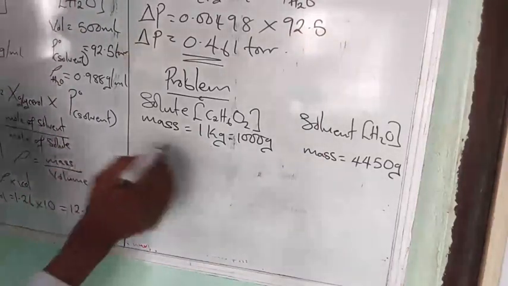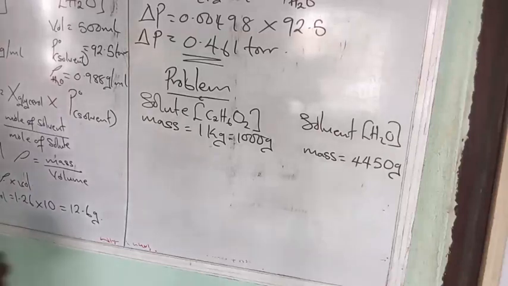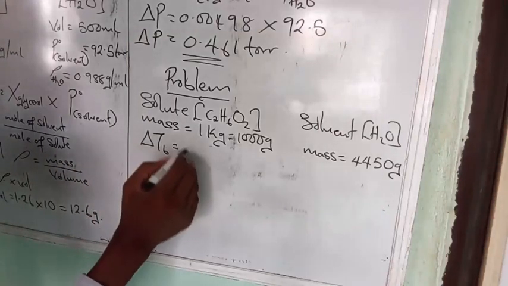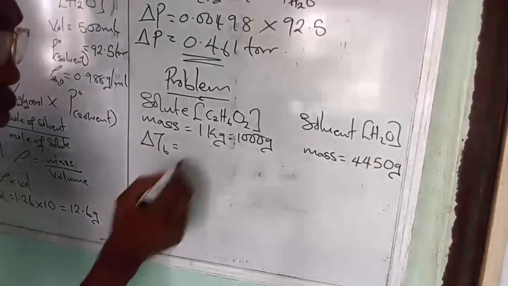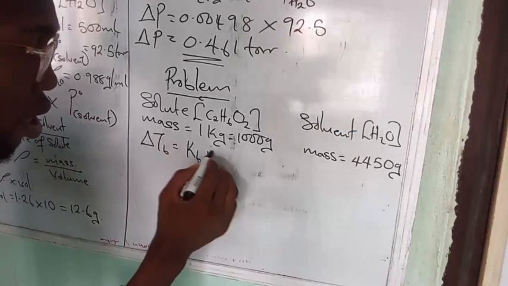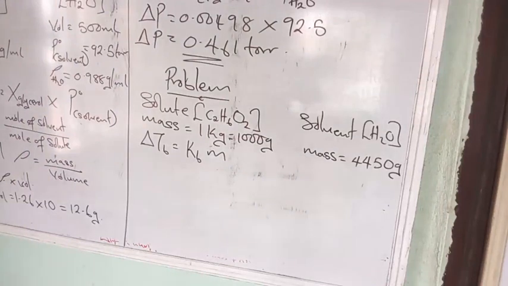Now, the formula we're going to apply for the boiling point is that our change in temperature equals i times Kb times m. That i is negligible, so we can just say Kb times m. For your level now, you will not be applying that i.